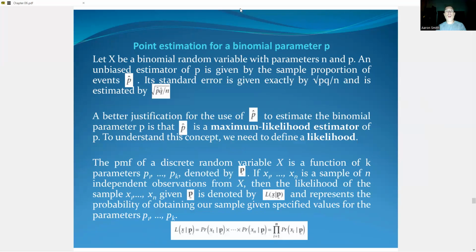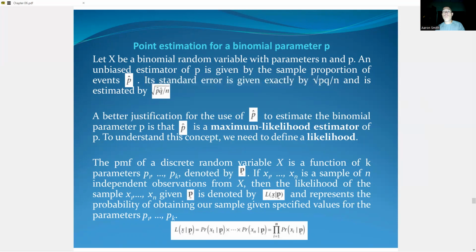All right, now let's talk about point estimation of a binomial parameter p. Let x be a binomial random variable with parameters n and p. An unbiased estimator of p is given by the sample proportion of events, p hat. So this is the number of times I have success divided by number of trials. Its standard error is given exactly by the square root of p times q divided by n.